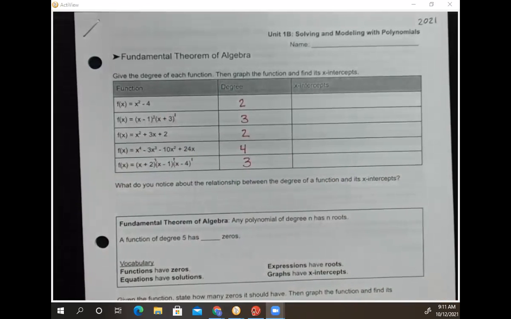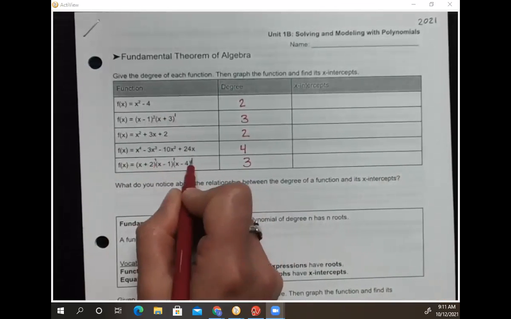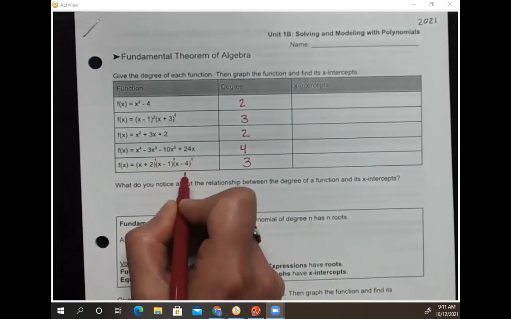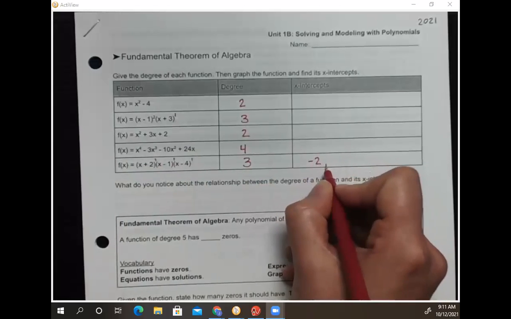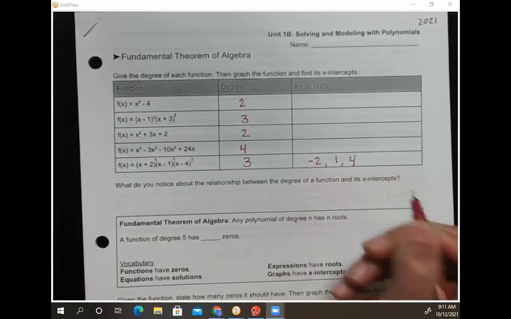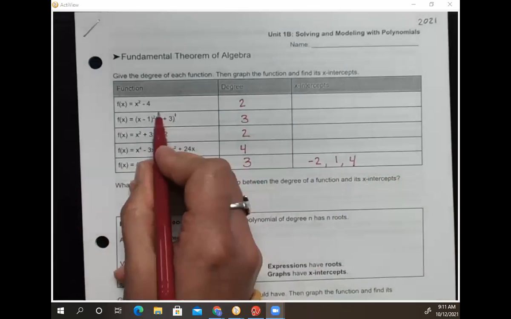Okay. Now let's find the x-intercepts. So for our functions in factored form, you should be able to identify the x-intercepts from factored form. So if I take a look at this guy here, what would be my x-intercepts? -2, 1, and 4. And then how about this guy?